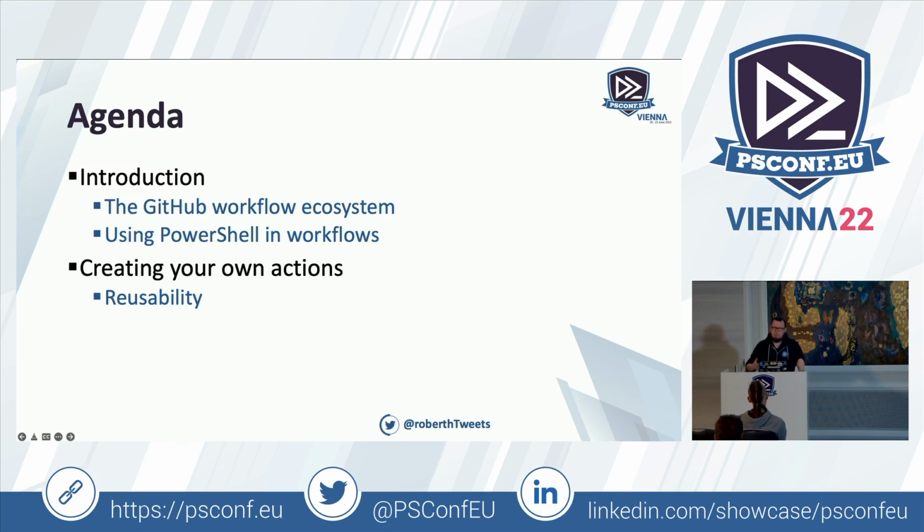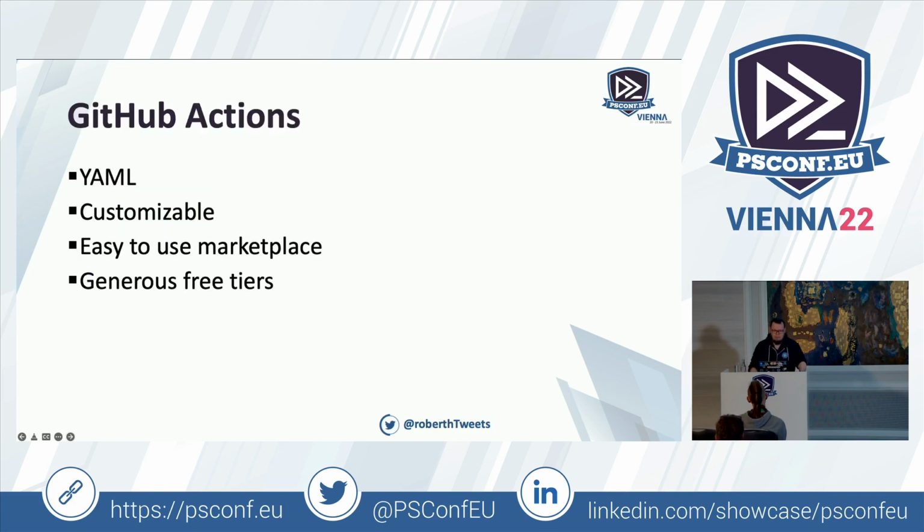There's also the idea that you can create your own workflows that you reference, and you can create actions that can run in different workflows. We'll get into that. But the really short version of GitHub Actions is that it's YAML. It's highly customizable, actually really flexible, and a really good system.